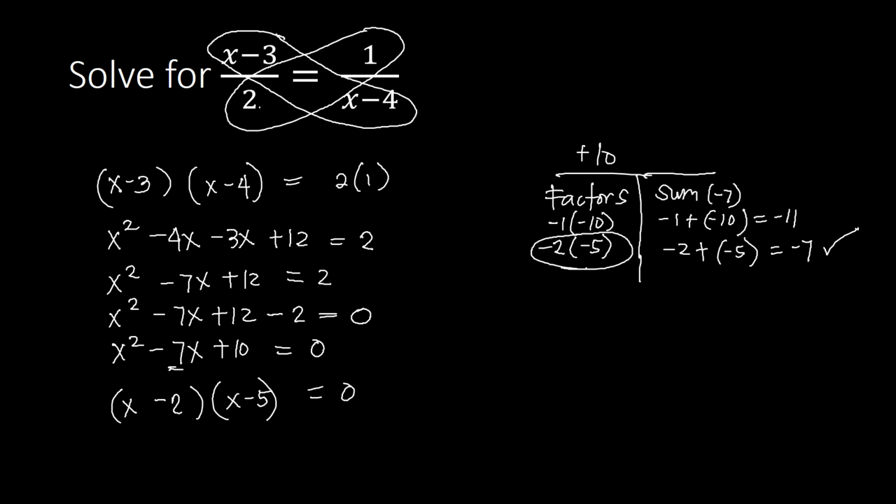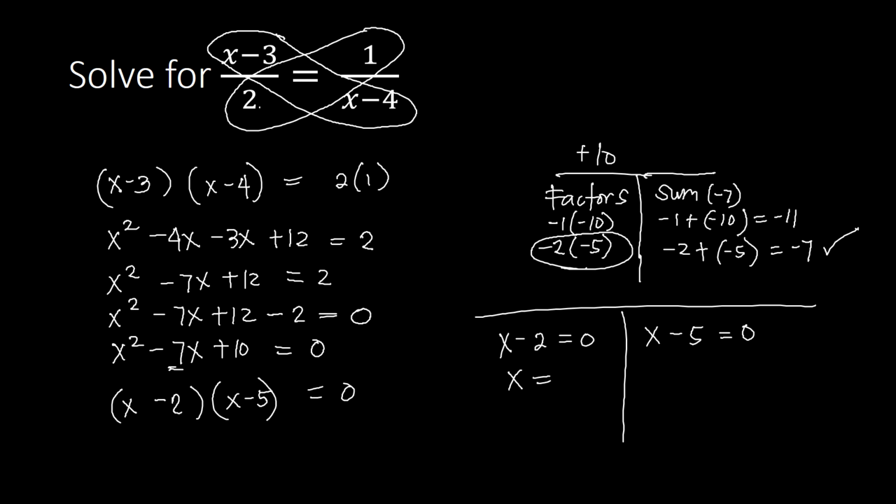Then we solve for x, because these factors are equated to 0. That means one of the factors may be equal to 0. So x minus 2 could be equal to 0, or x minus 5 could be equal to 0. Solving for x, x is equal to 2. The other value for x is equal to 5.